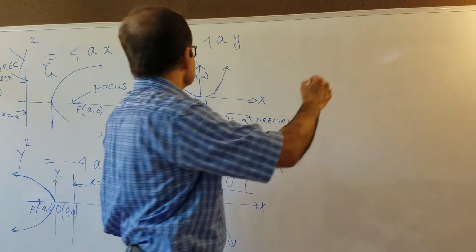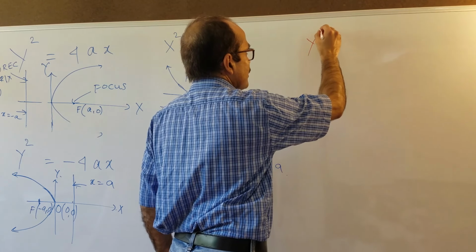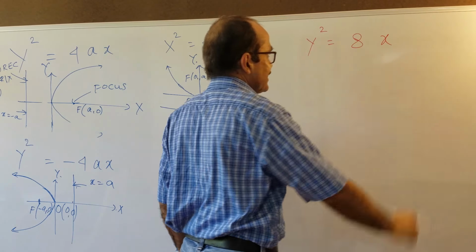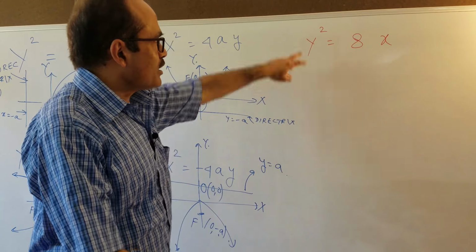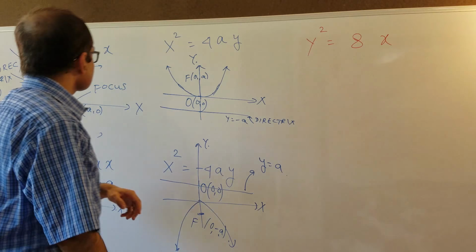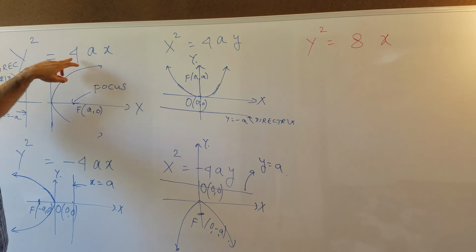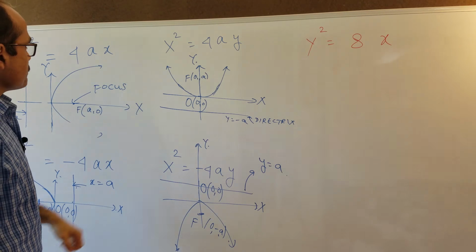So, first example, y square is equal to 8x. Now, this equation is comparable to this equation y square equal to 4ax. So, 4a is equal to 8.